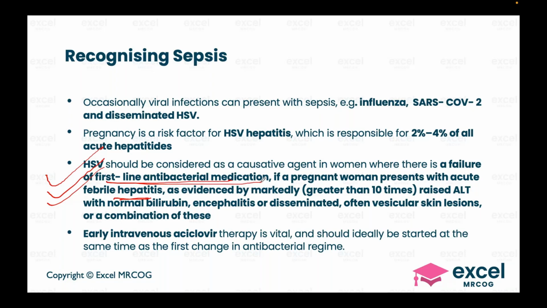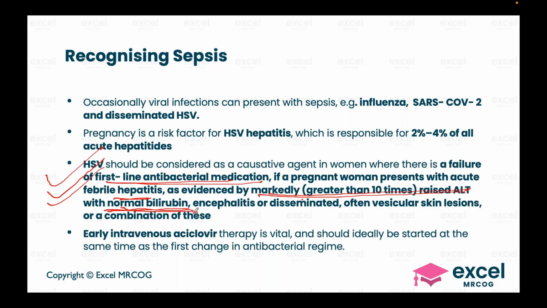So she has fever, she has evidence of hepatitis, with markedly raised ALT, SGPT levels, raised 10 times normal. Bilirubin is typically normal in herpetic hepatitis. Look for all these signs in the question that you are given. What is very high is ALT.